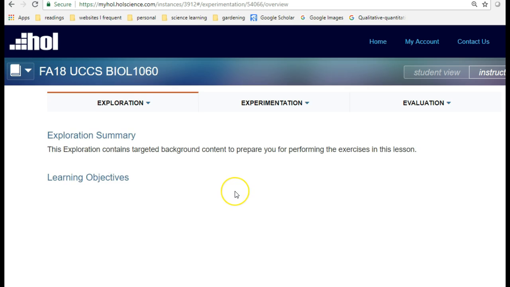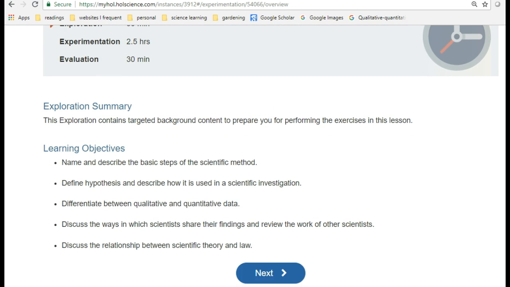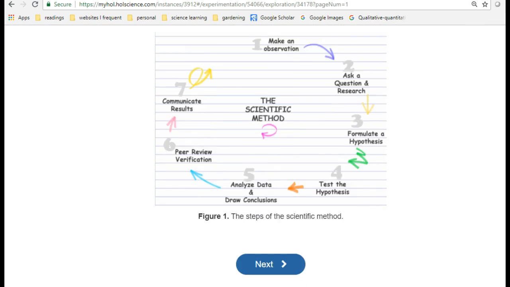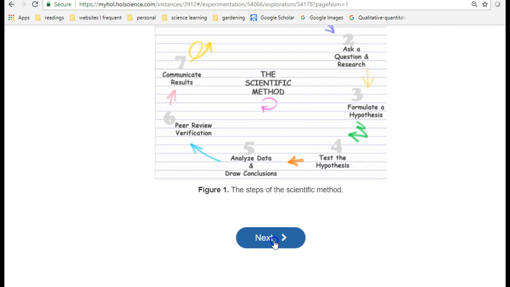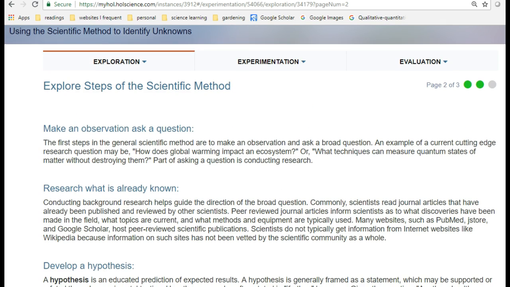You go into the lesson, you get an idea for how much time it's going to take to complete the lab. Here are the learning objectives for the lab. And then see, the exploration is like your textbook. It's the information you need to complete the lab. So you need to go through this whole thing.